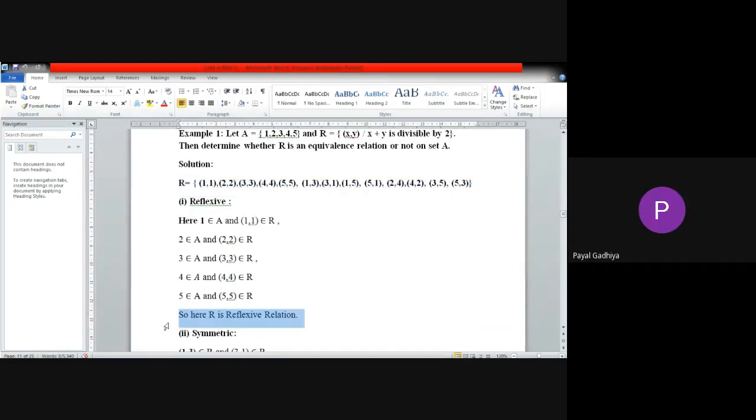Okay, then next check whether this is symmetric or not. That means if (a, b) is in R, then you have to check that (b, a) is in R or not.